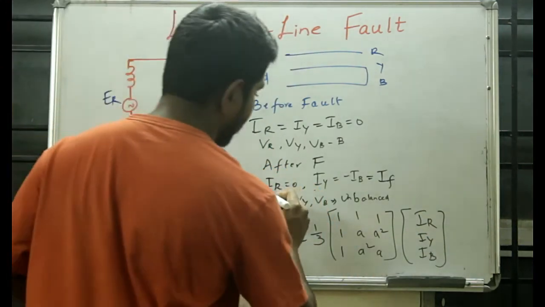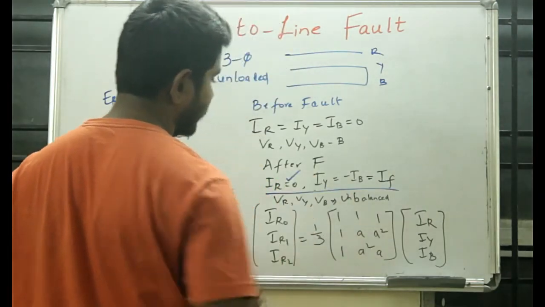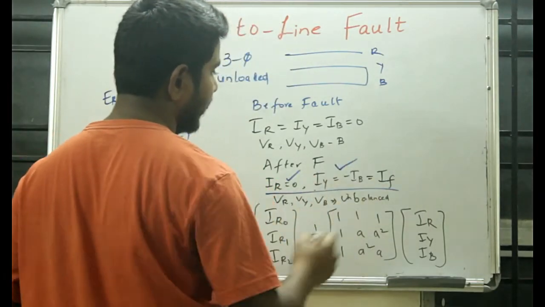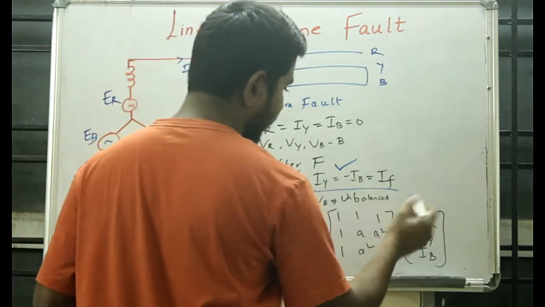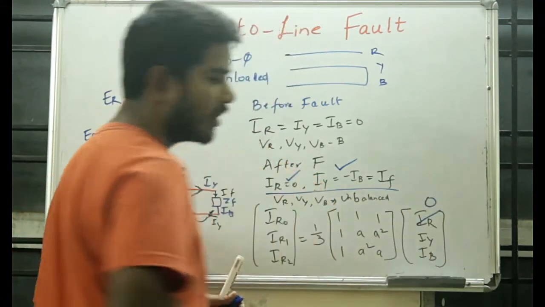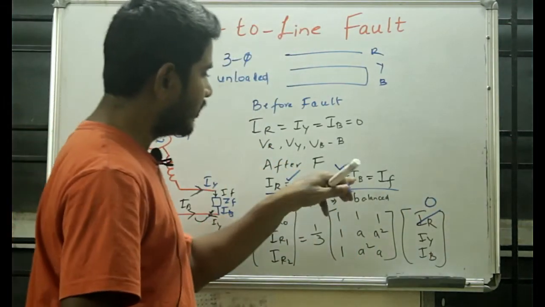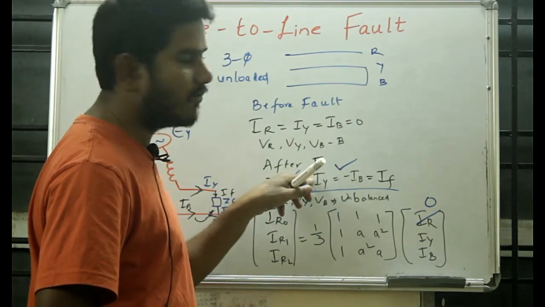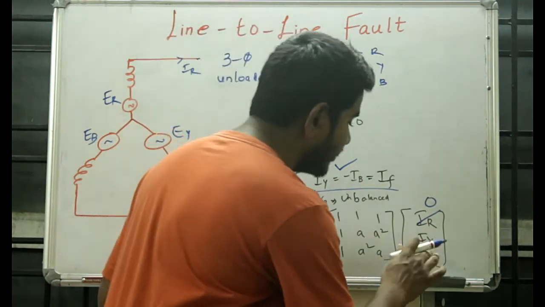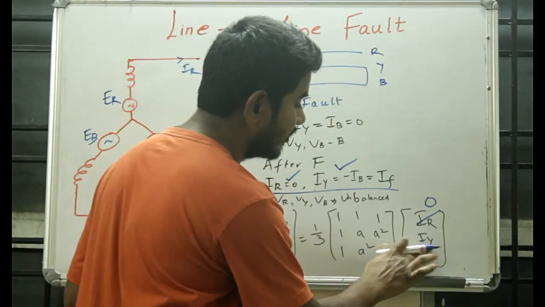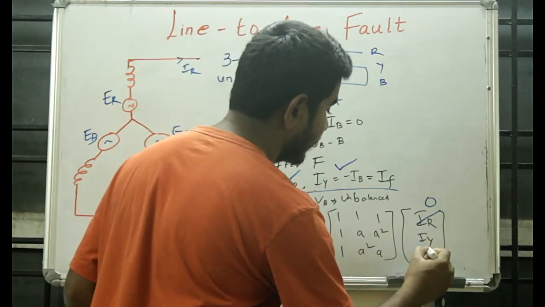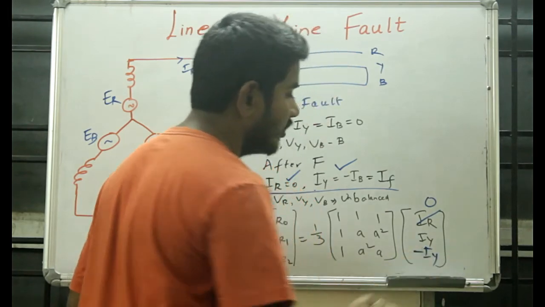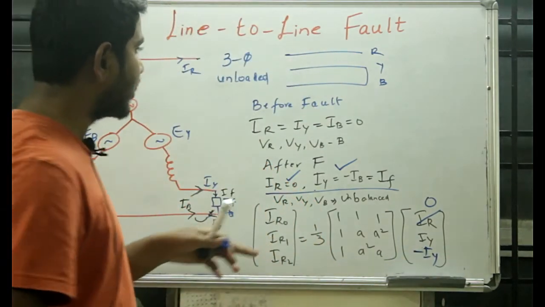From these conditions, IR is equal to 0 and IY is equal to minus IB, so by putting those conditions IR becomes 0, and instead of IB we can write minus IY.